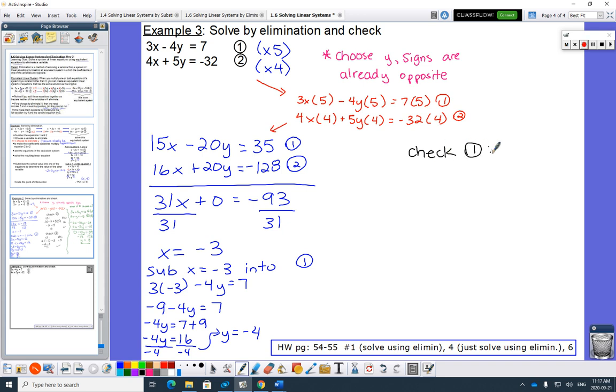It does say to check, so check in both. Again, when you check, I would go back to the originals so that your numbers are smaller.